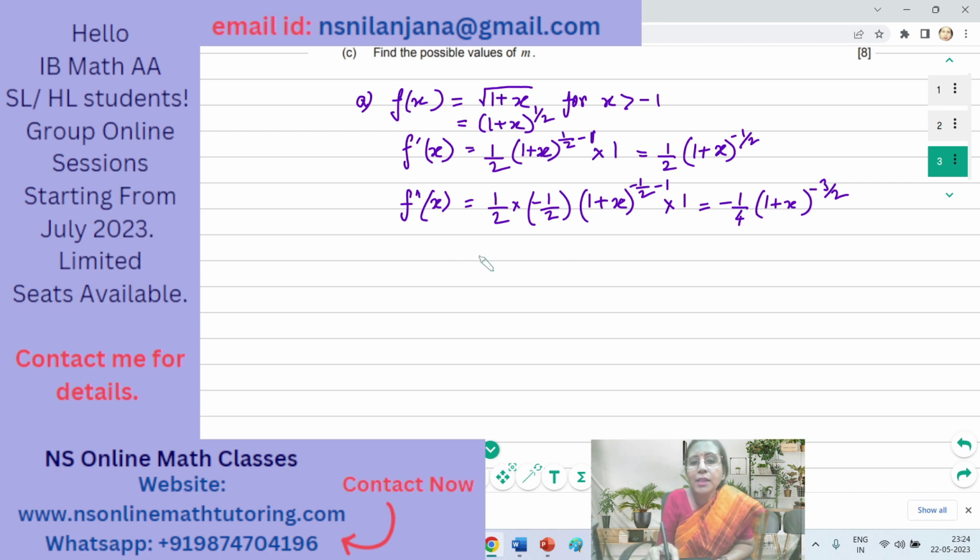So this can be written as negative 1 over 4 times, since there is a 2 in the denominator, it becomes a square root, and because it has a negative index, I bring the expression down. It is 1 plus x raised to the power of 3.